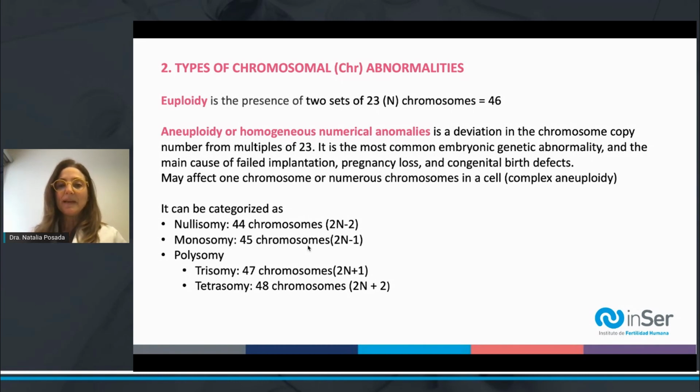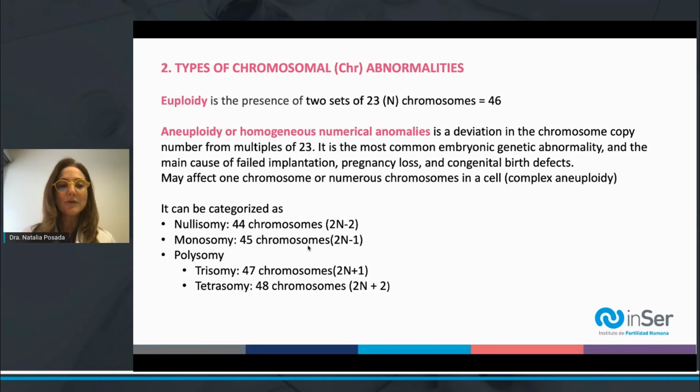And they can affect one chromosome or numerous chromosomes within a cell. In this case, they are called complex aneuploidies. Depending on the number of chromosomes that are affected, one may refer to a nullosomy, where there are only 44 chromosomes instead of 46, so we're missing a pair of chromosomes.